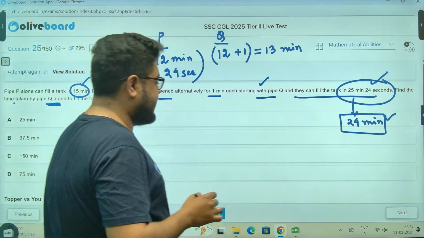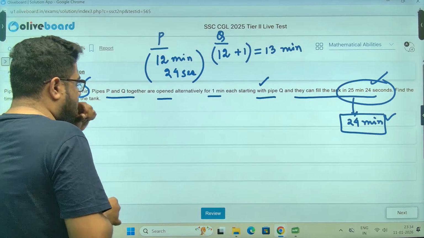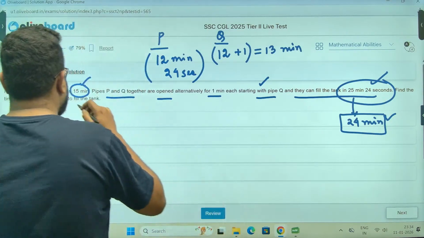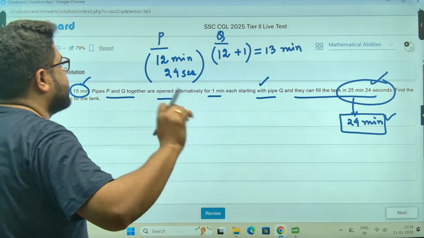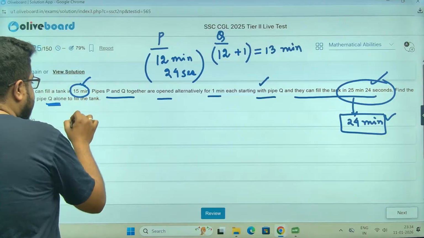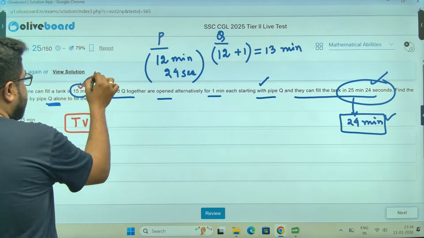Got it, sir? Got it, everyone? Now, sir, we can do it normally. Ek kaam karo, sir. Then let's take the total volume of the tank. P alone can fill it in 15 minutes.